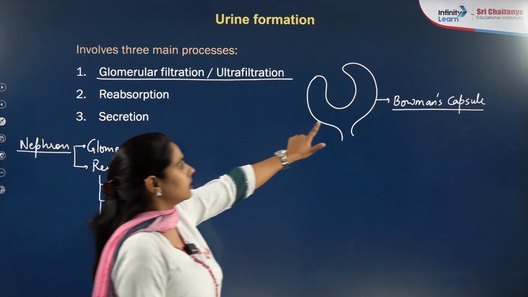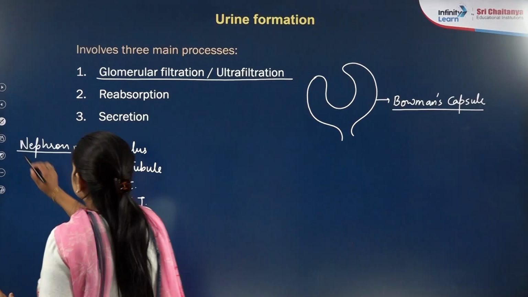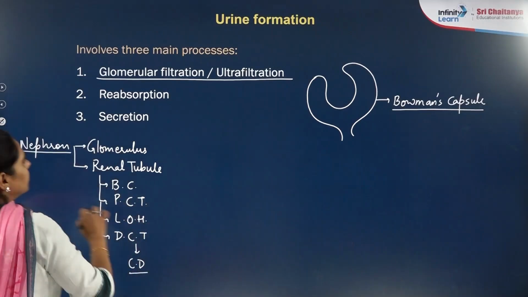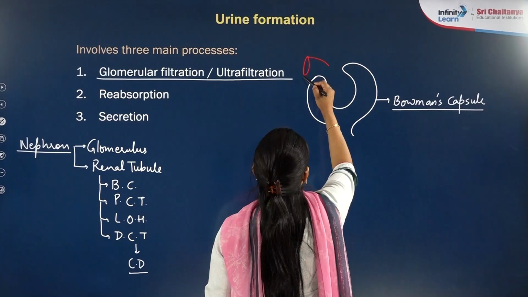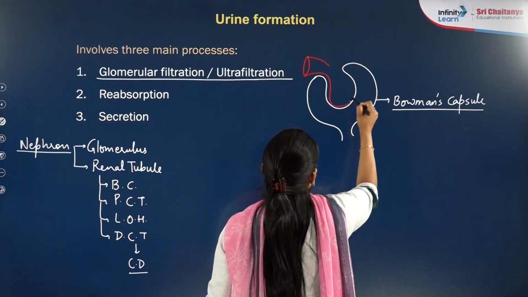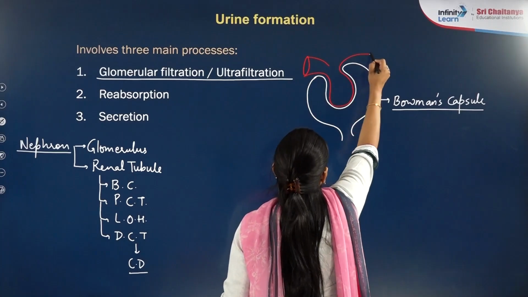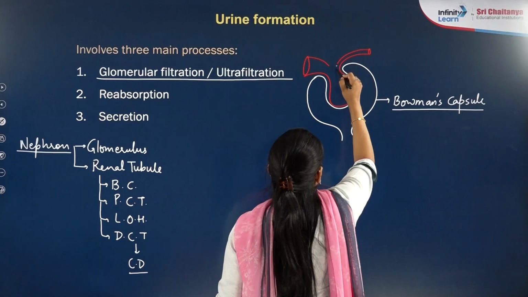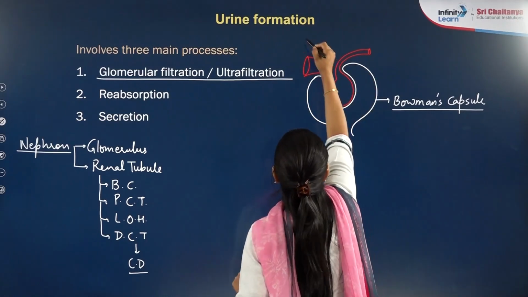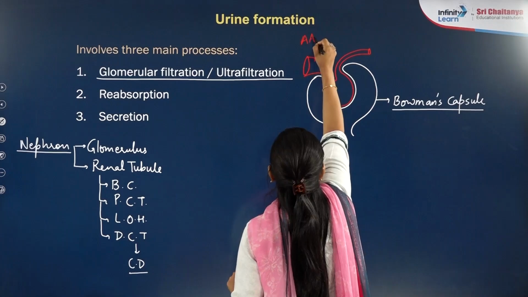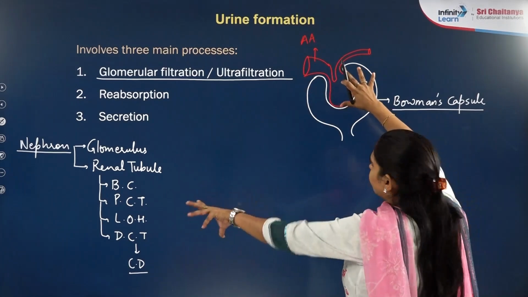Now you can understand here in the Bowman's capsule, one afferent arteriole will come. Afferent arteriole will have a greater diameter and here it will make the tuft of capillaries, and then this is the efferent arteriole. You have understood this in the structure of nephron.